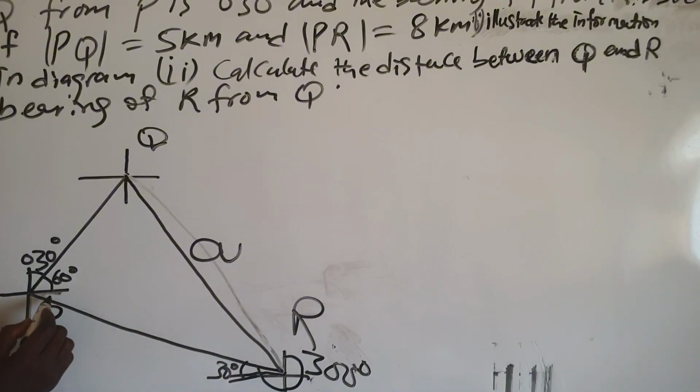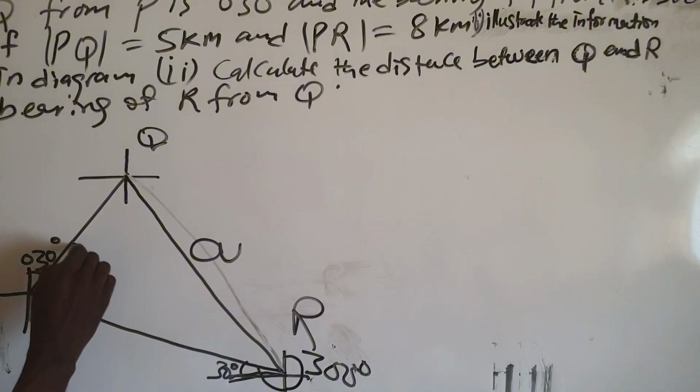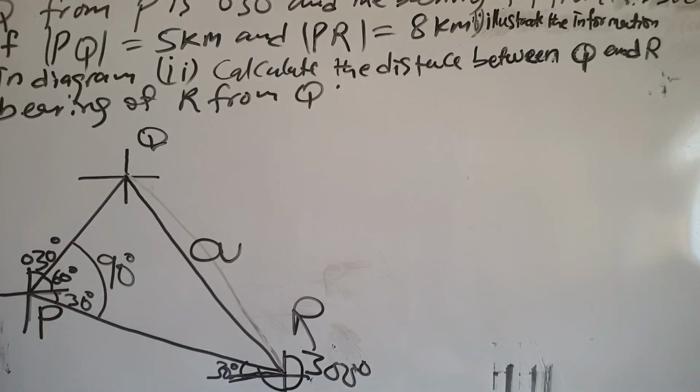Then this angle here is an alternate angle with this angle outside here, which is 30. Please, I have taught alternate angles, check it on my channel. So here will also be 30 degrees, meaning that all of them make 90 degrees, which tells us that this triangle here is a right angle triangle. So we are going to solve all the question here based on the right angle triangle.